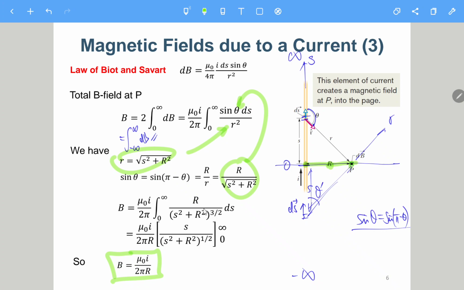To integrate this one is not that easy, but we need to do a change of variable: s equals R tangent theta, and ds equals R secant squared theta d theta. You can try to practice it yourself, and the final answer will be s over this term to the square root.